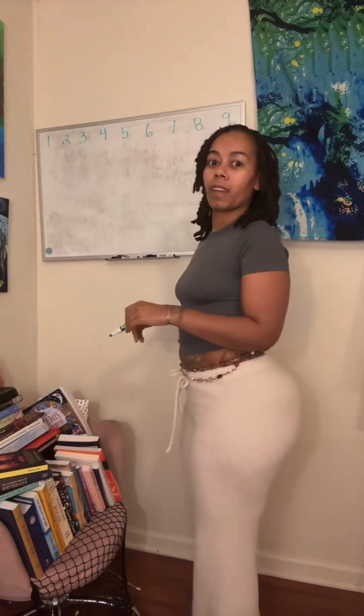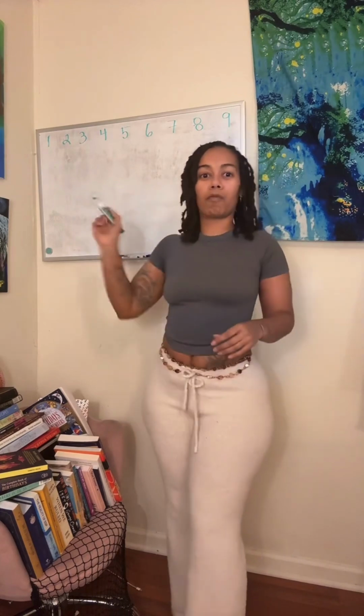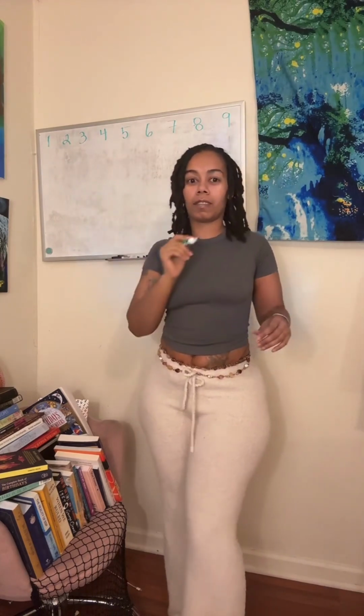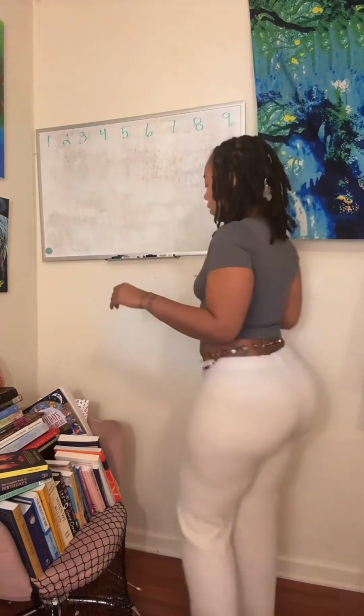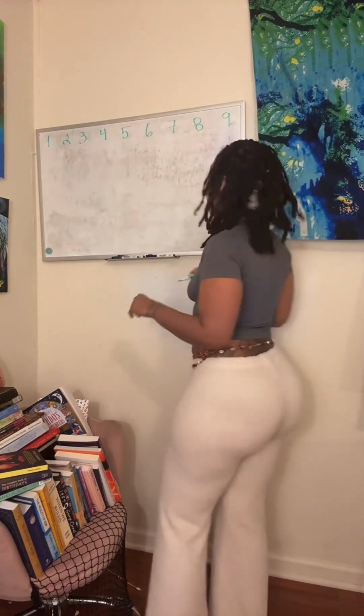First, 1 through 9 across the top. Write it on your paper, okay? Now, make these into columns.